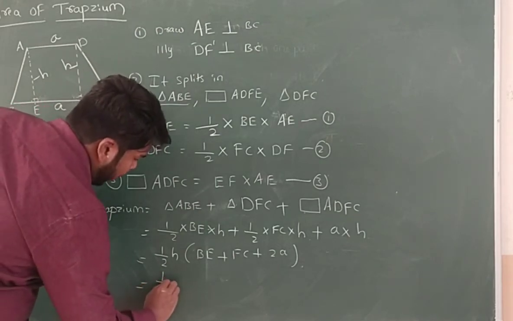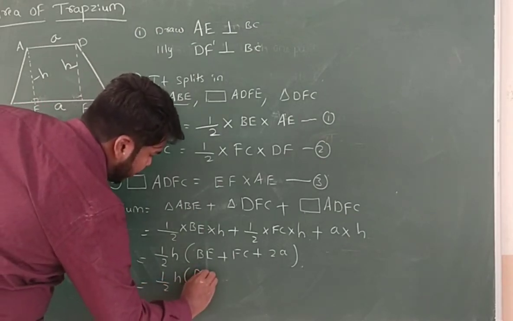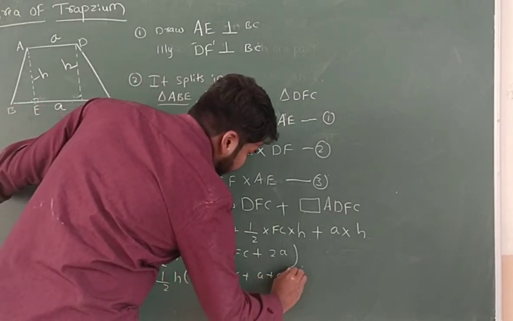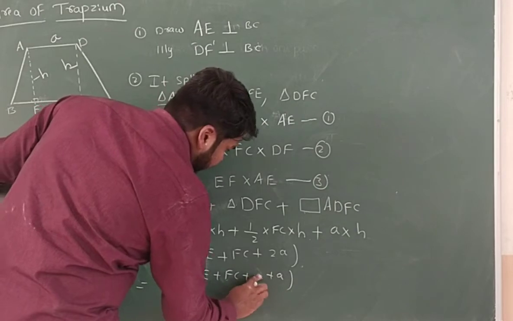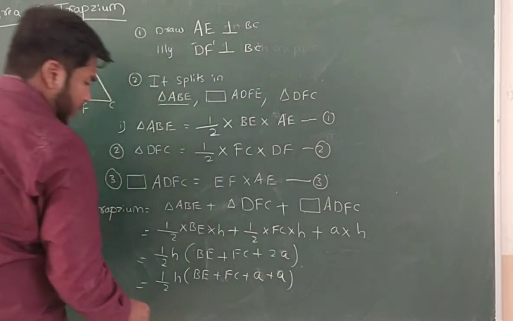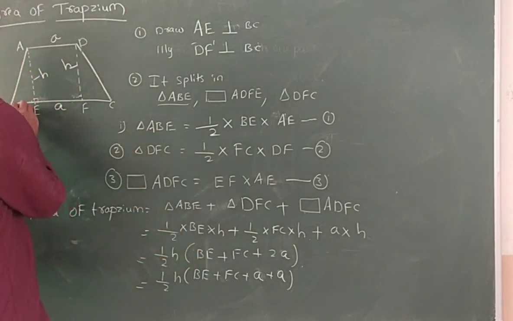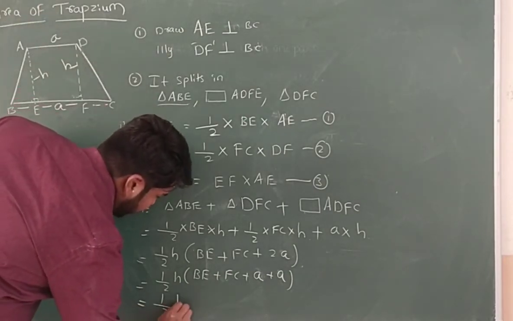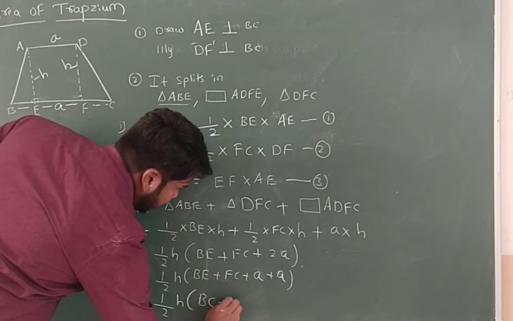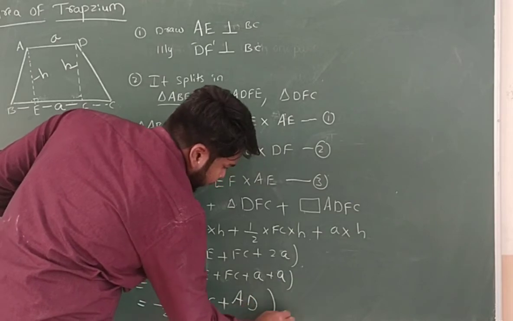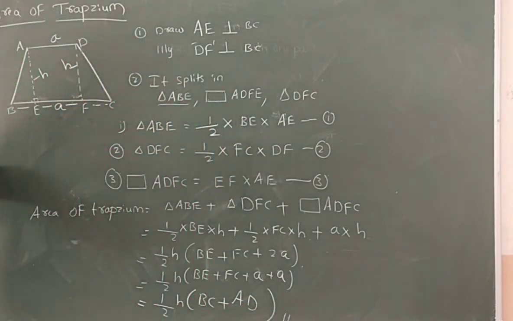So that is half into h into BE plus FC plus a plus a. Here BE plus FC plus a, I can write as BC. So half into h of BC plus a, and a is AD. So this is the required trapezium formula.